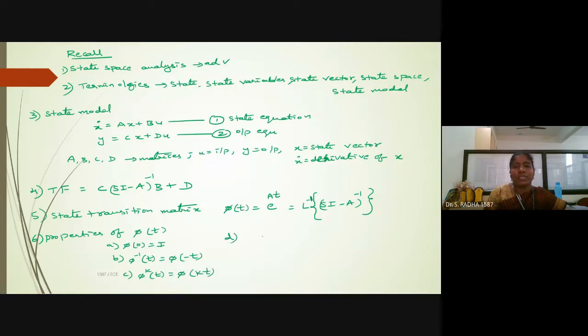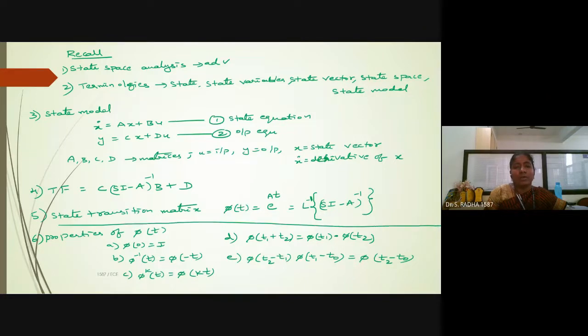Fourth property, phi of t1 plus t2 equals phi of t1 into phi of t2. And the last property, phi of t2 minus t1 into phi of t1 minus t0 can be combined and written as phi of t2 minus t0. These are the properties of state transition matrix.